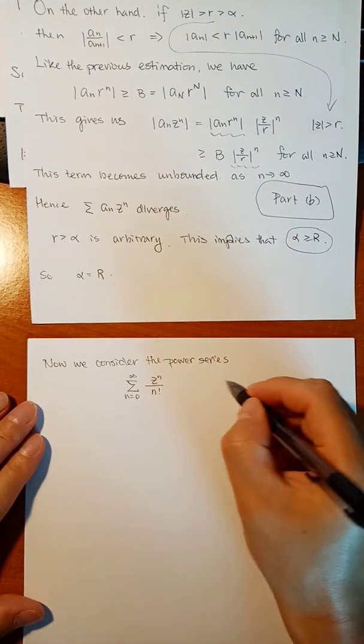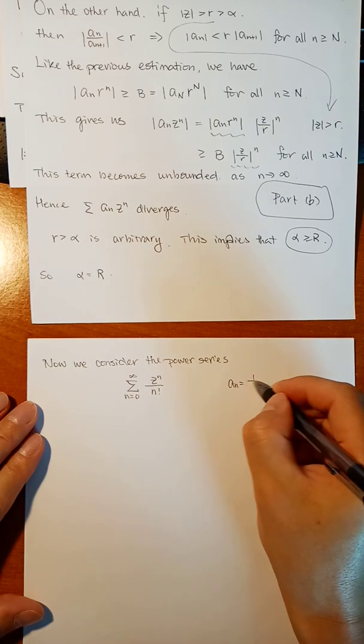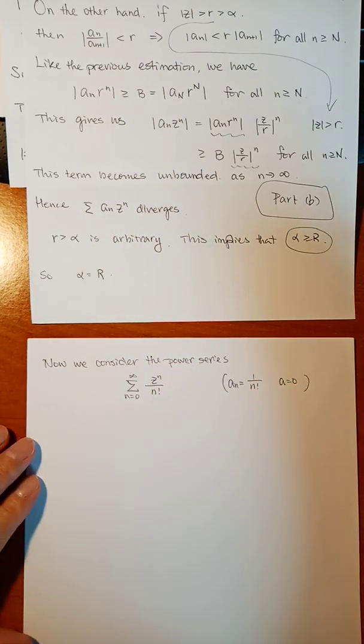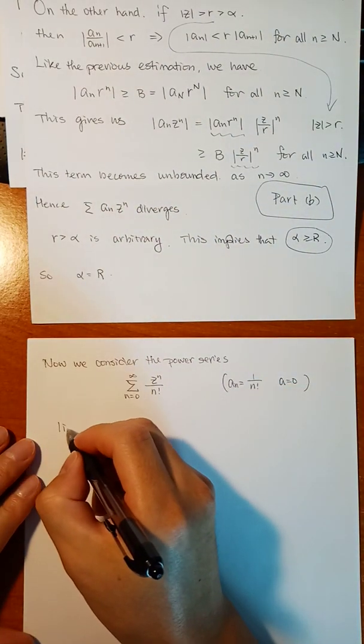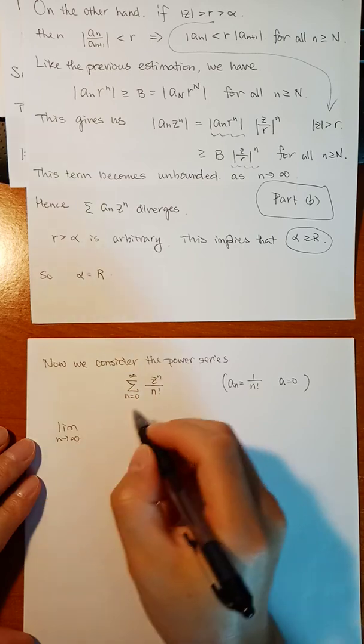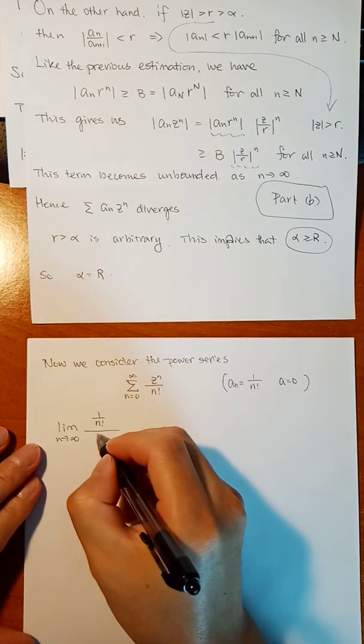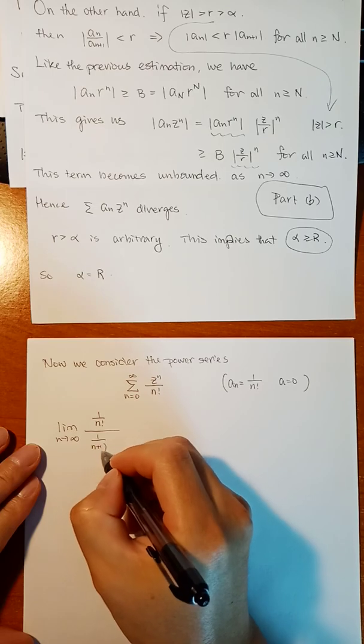Okay, in this case, a_n is 1 over n factorial and a is 0. And then let's check the limit as n approaches infinity of 1 over n factorial over 1 over (n plus 1) factorial.